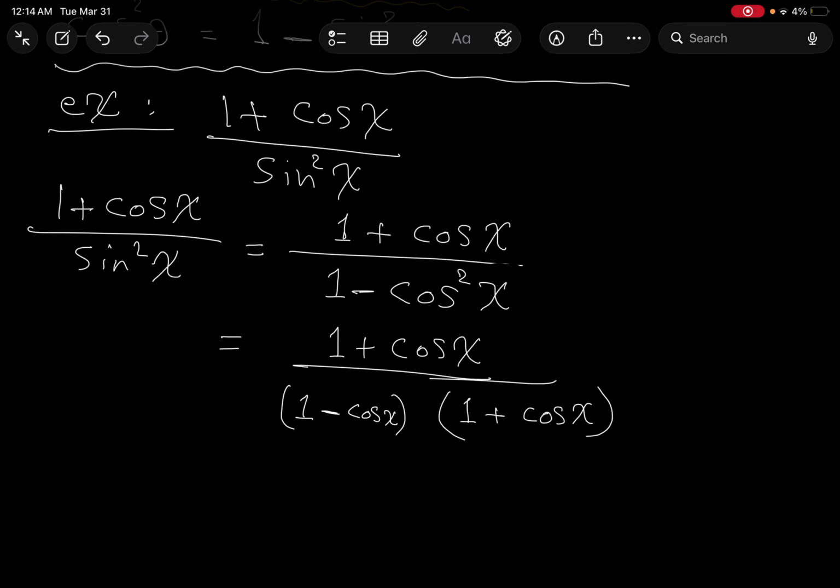You studied the difference between two squares in 8th grade and also in 9th grade, so it's so easy. Then we cancel 1 plus cosine x with 1 plus cosine x directly. So it equals 1 over 1 minus cosine x.